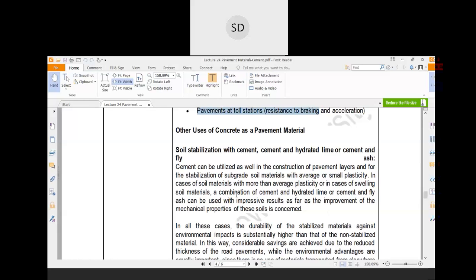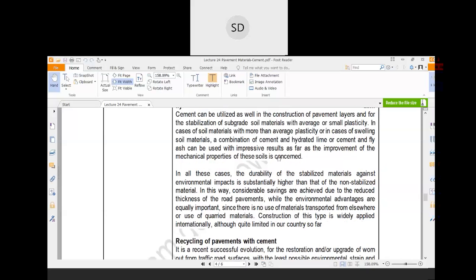Now, if the soil of the cutting or embankment is unstable, or if it is very loose, in that case you need to stabilize this type of soil. In that case, you can use concrete as a stabilizer material, or you can use cement grout as a stabilizer material.